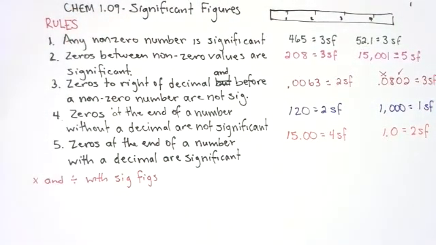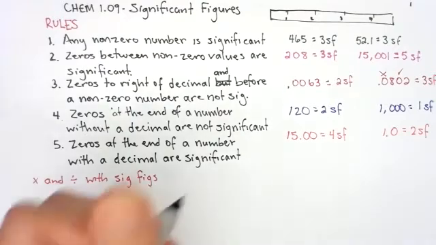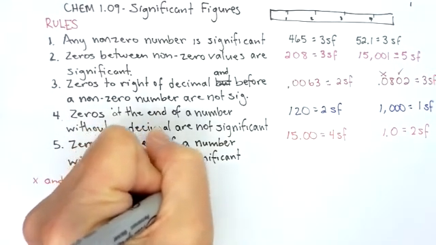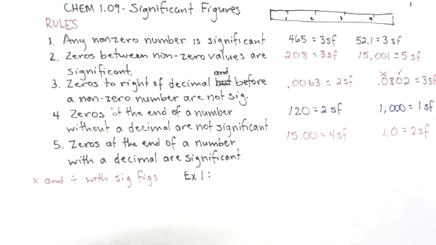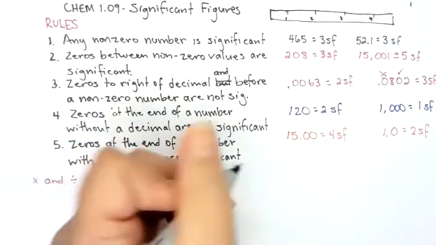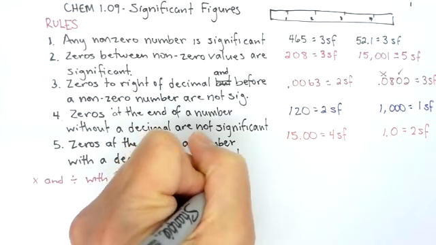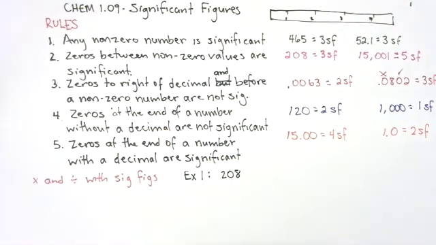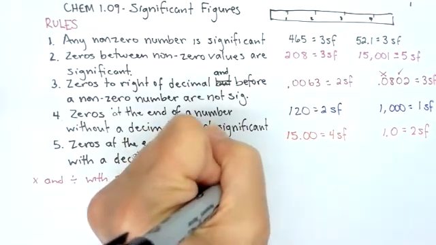All right, so let's do some examples. And I'm just going to write out this direction. So let's go with example 1. So if I take 208 and I divide that by 120.